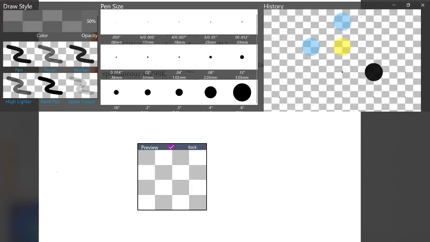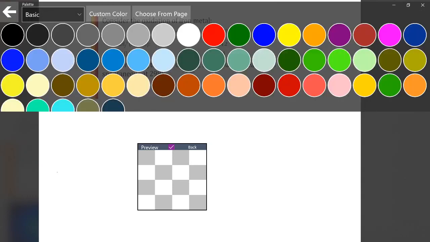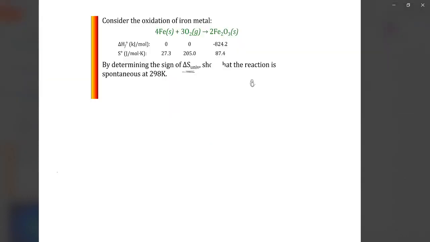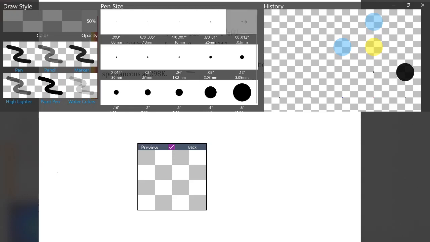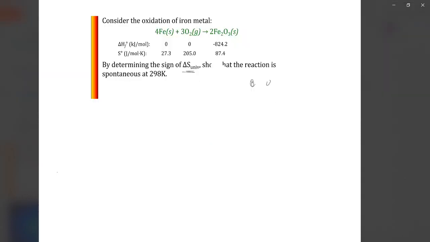Grab a little bit thicker pencil here. That'd be a little easier for you to see, hopefully. Okay, so let's work this problem out.